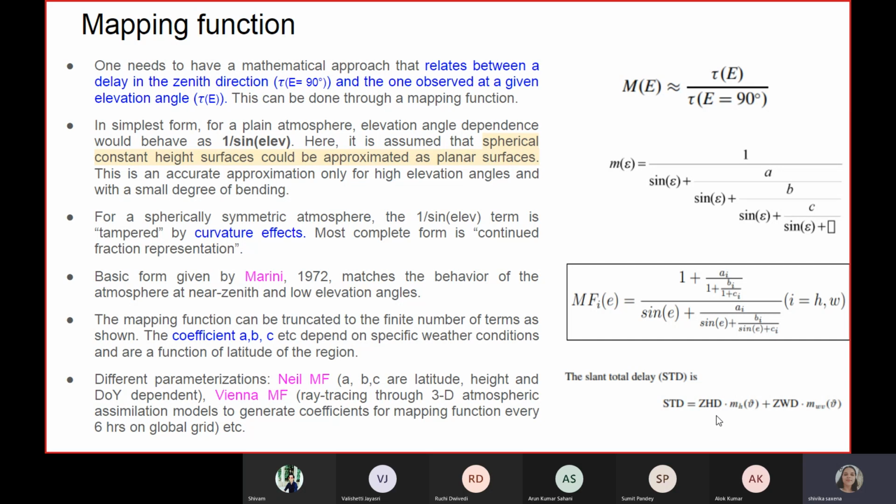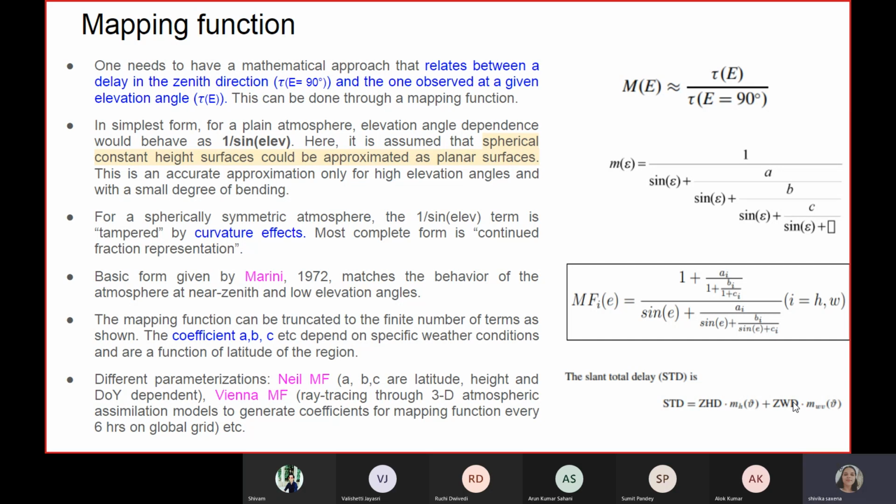SHD is obtained by multiplying the mapping function with the ZHD. Similarly, the second term is the product of the wet mapping function and the zenith wet delay. This term is known as slant wet delay, or SWD.